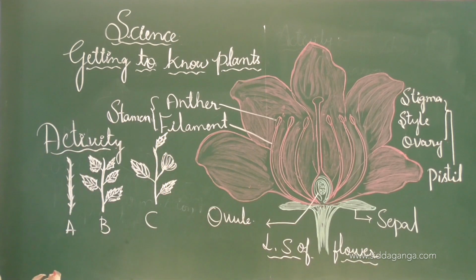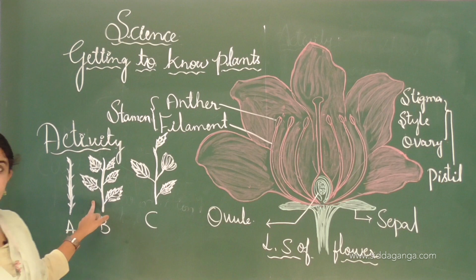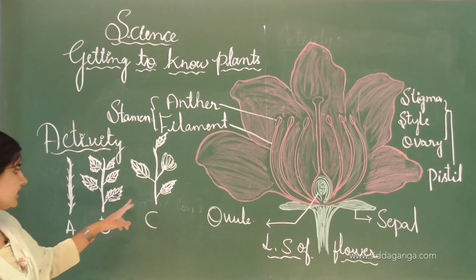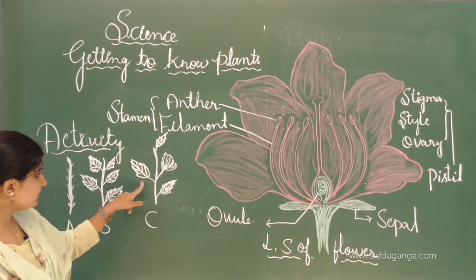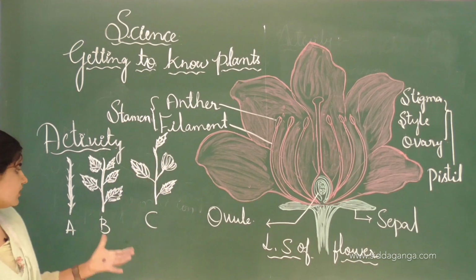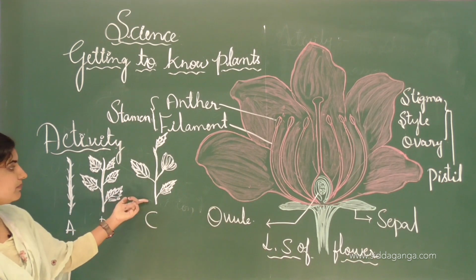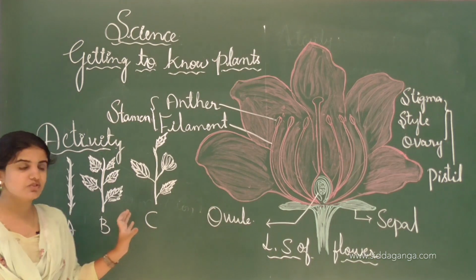See, this is how in this activity, first you are given a branch which doesn't have any leaves or flower, in the second case a branch with leaves, and in the third case a branch with both the leaf as well as the flower. You have to identify these plants by looking at the branch, flower and leaf.